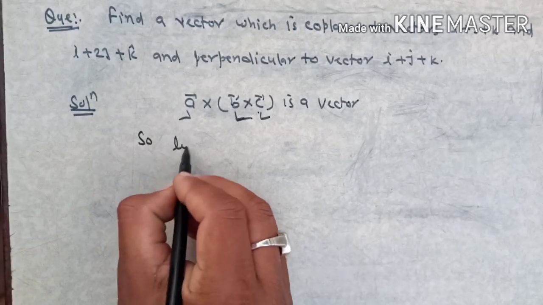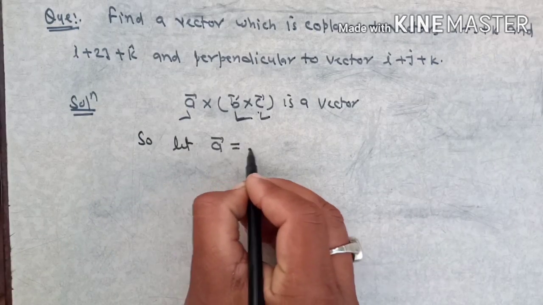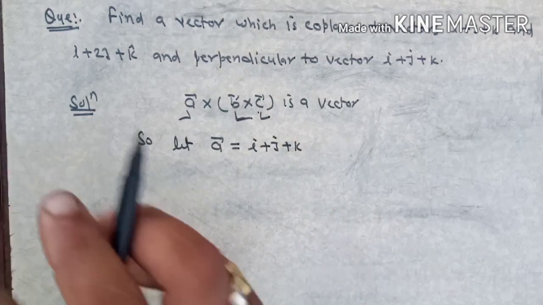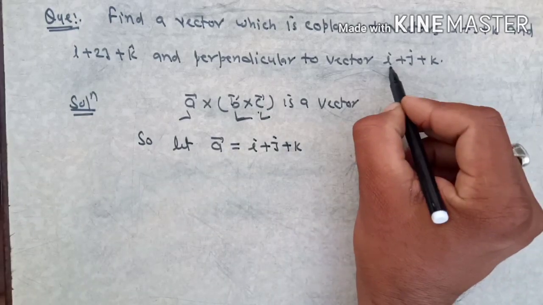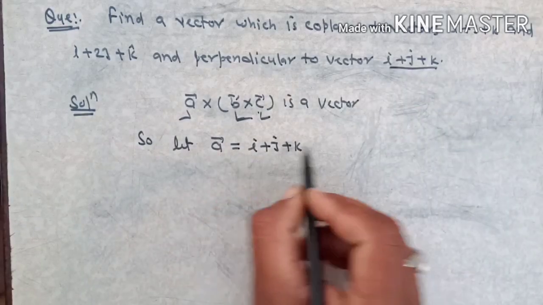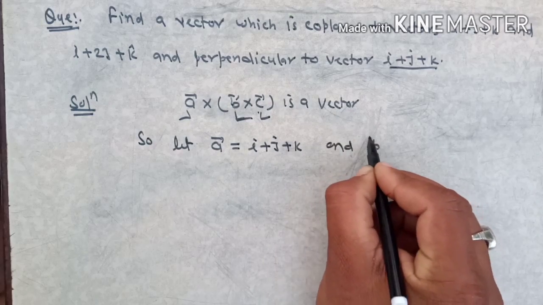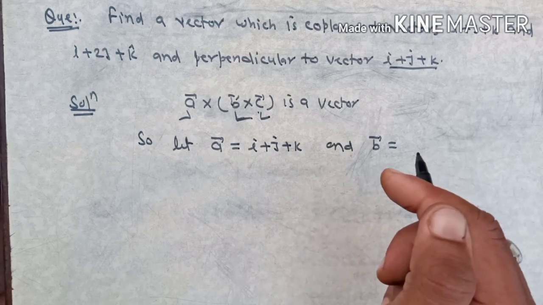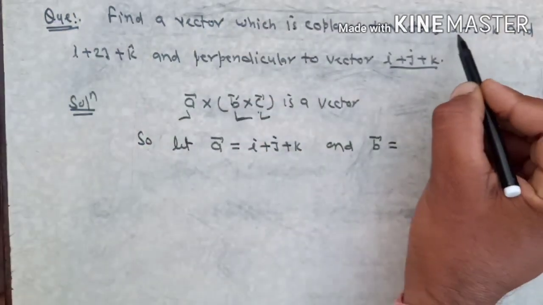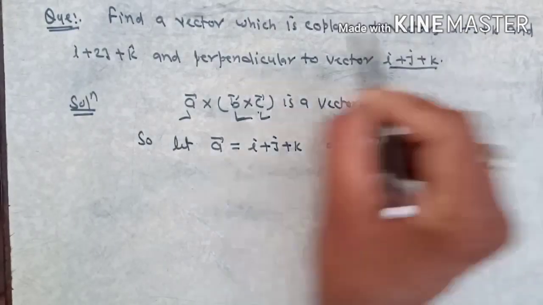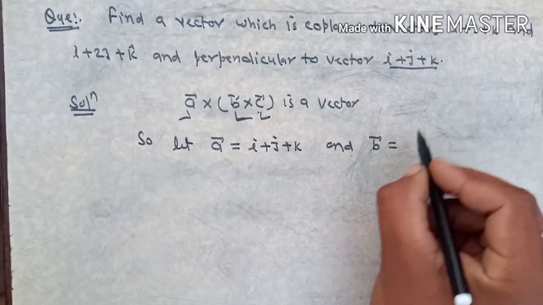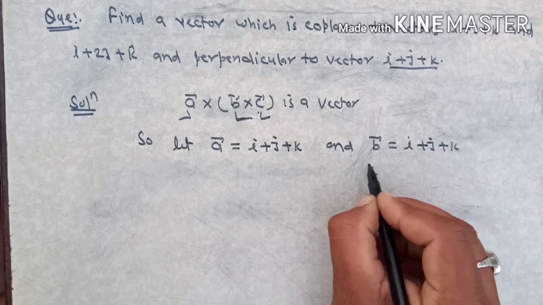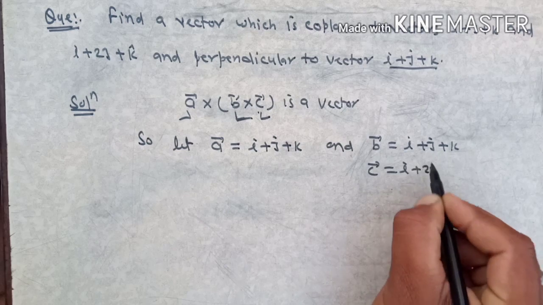So let vector A equal i plus j plus k. We have to find a vector which is perpendicular to this vector, that is vector A, and vector B and vector C are the two vectors in whose plane this vector lies. So vector B means i plus j plus k, and vector C means i plus 2j plus k.